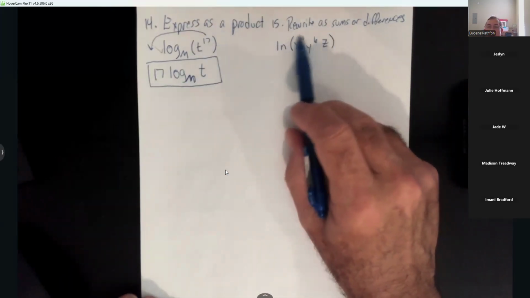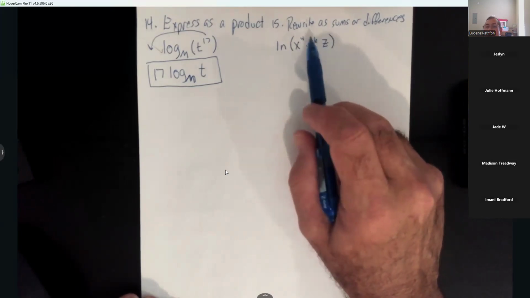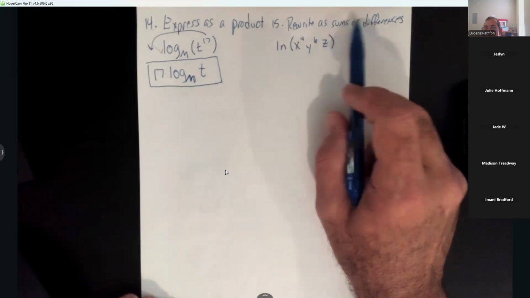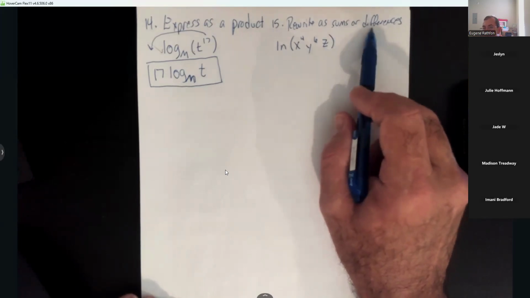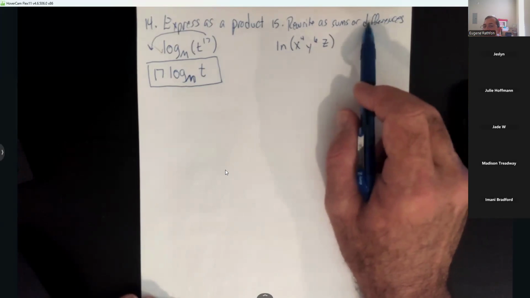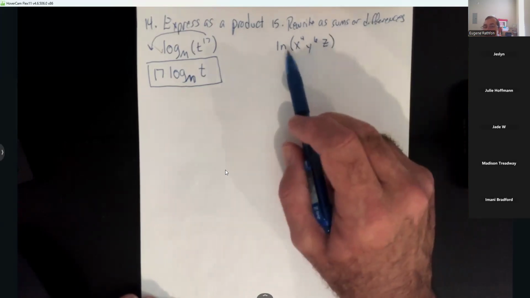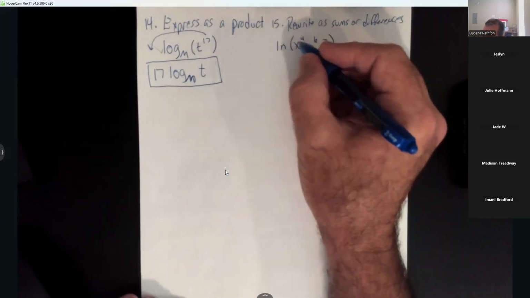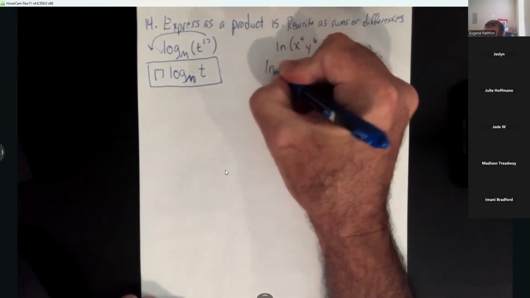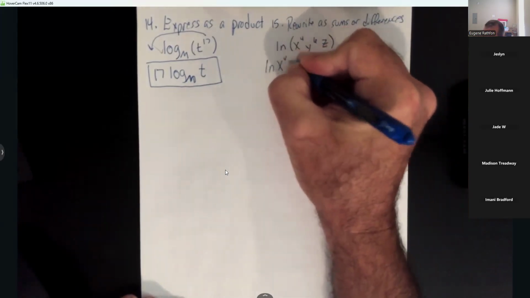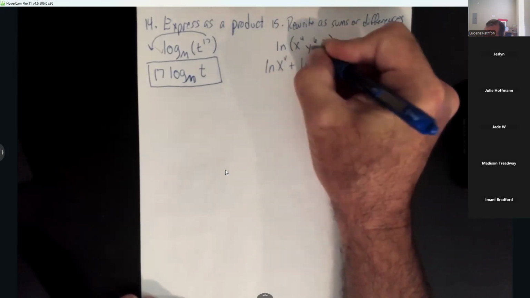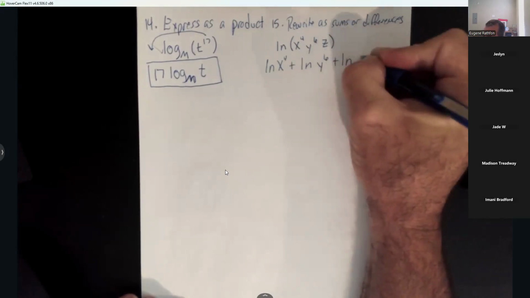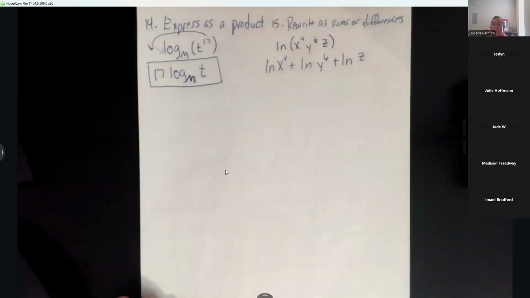So since these are being multiplied, we will rewrite it as a sum. So this says sums or differences. So it don't mean you're going to have both. You're going to have one or the other. So since these are being multiplied, it's going to be sums. So distribute the ln to everybody. Ln of x to the fourth plus ln of y to the sixth plus ln of z.